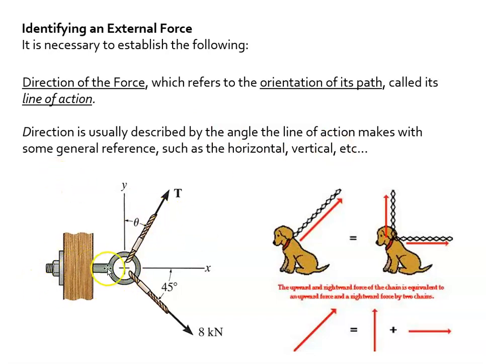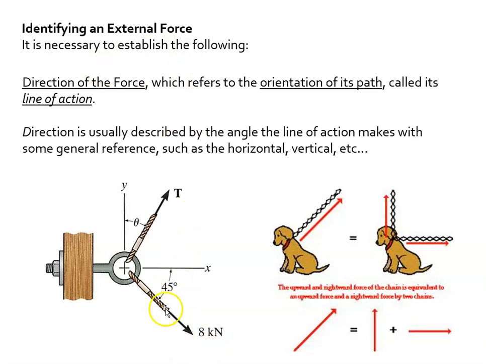So here we have an eye hook that's been mounted to a wall or something, and it has two pieces of rope pulling on it. And this is like classic statics and trigonometry problems. This is very much what they look like. Something is pulling with a certain force T here, something is pulling with 8 kilonewtons in this direction, and it's going back to the direction of the force.